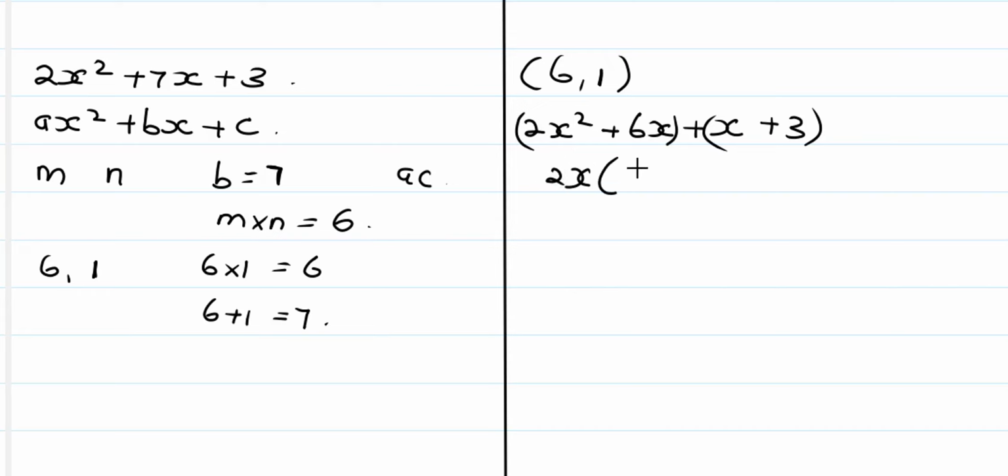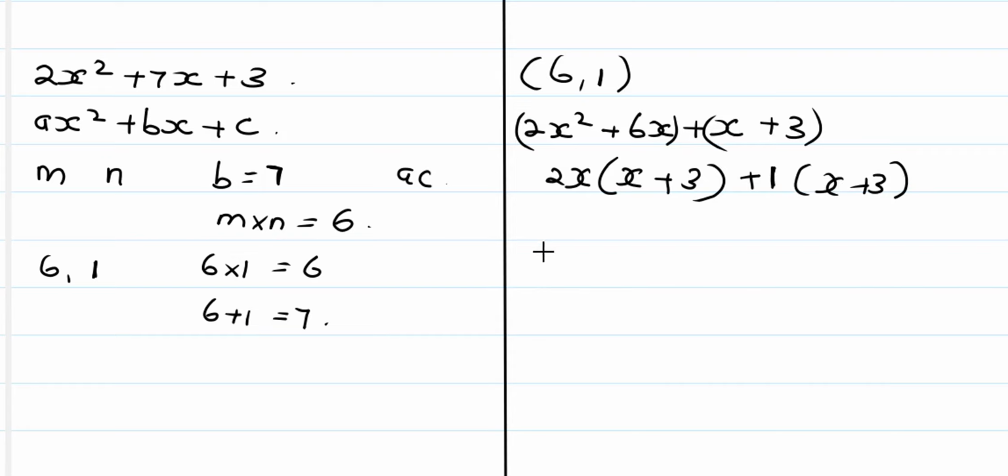Then inside here we are remaining with x only, because 2x multiplied by x will be 2x squared, then plus 3, because 2x multiplied by 3 will be 6x, then again plus this one. Here, x plus 3, there is no common factor, so I can just say it is 1 into x plus 3, because 1 multiplied by x is x and 1 multiplied by 3 is 3, so it will not change anything here.